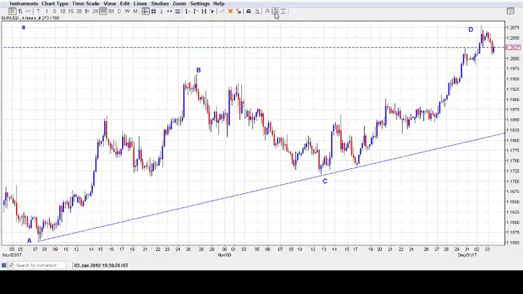The analogy that you need to understand here is very simple. Each bigger wave is prepared by a number of smaller waves. All right.